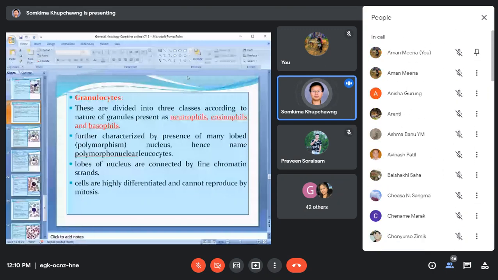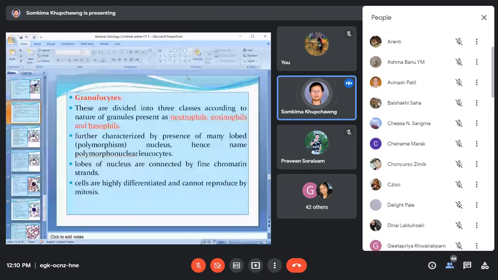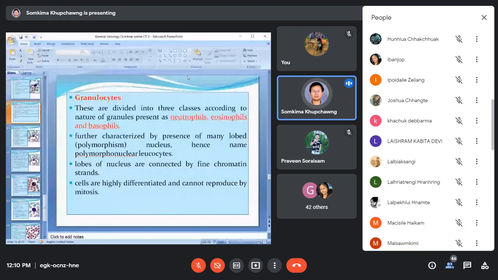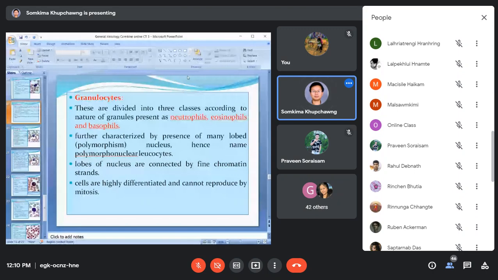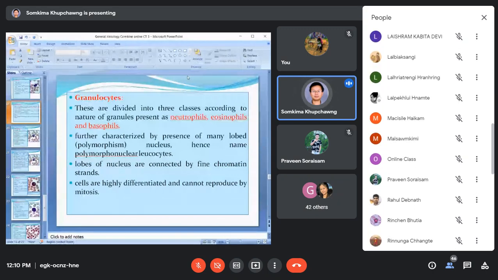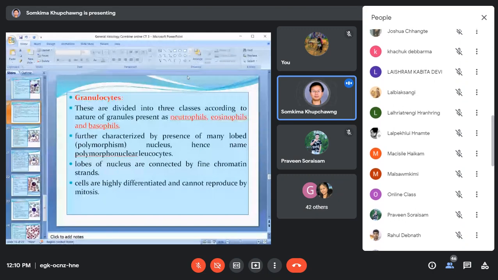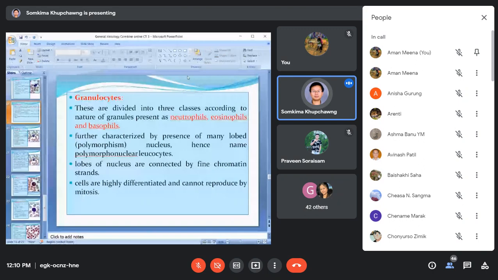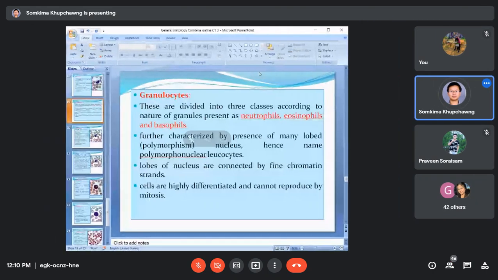It is obvious that those cells contain granules inside. Based on whether the granules have affinity for the neutral, basic, or acidic state, they are known as neutrophils, neutral state; eosinophils, since eosin is an acid dye; and basophils, basic dye.